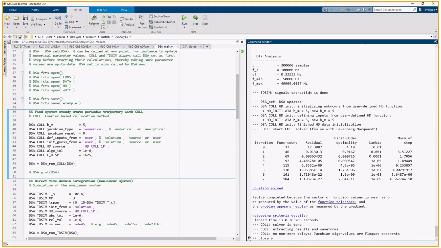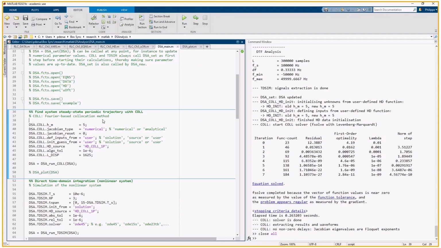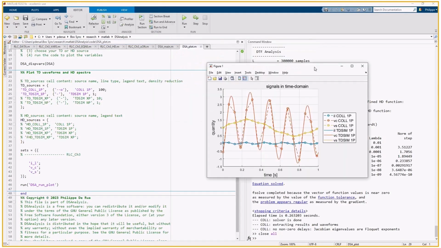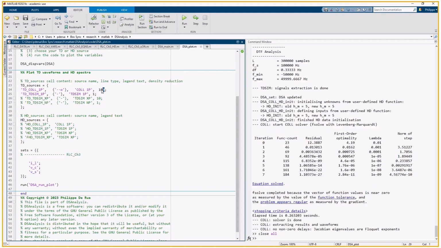I will briefly close all previous plots. And now I can access the plot again. Since I have removed quite a few points, it doesn't seem too smooth, but I can improve this by showing more points.